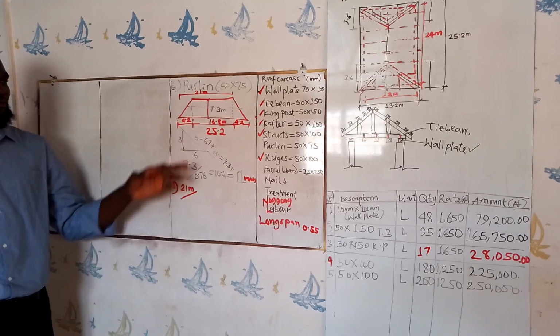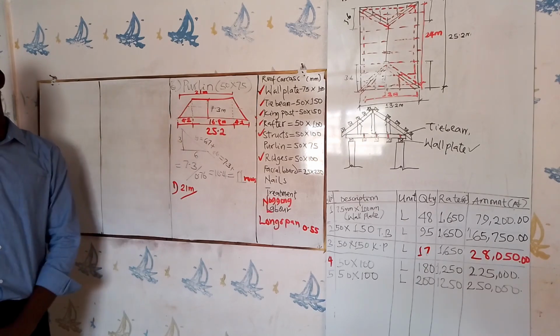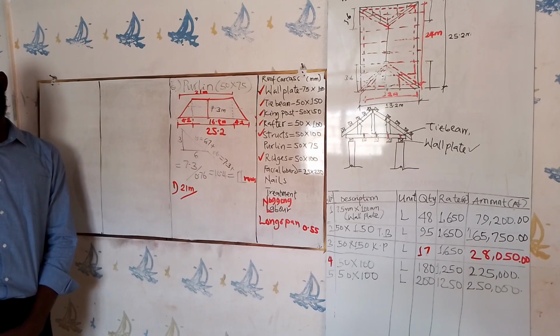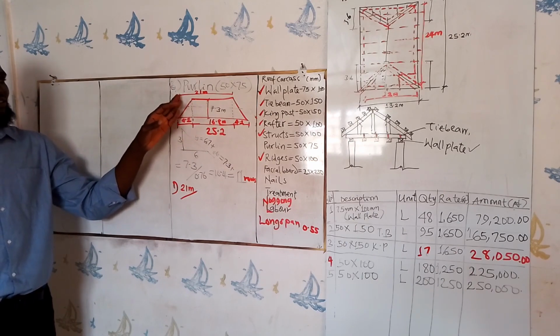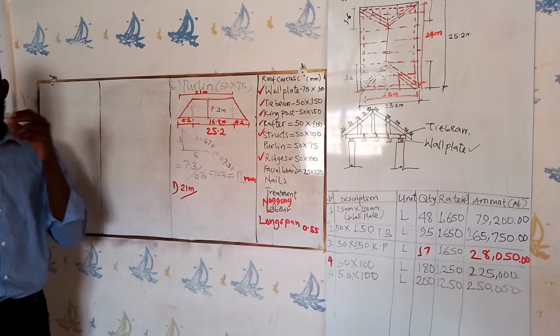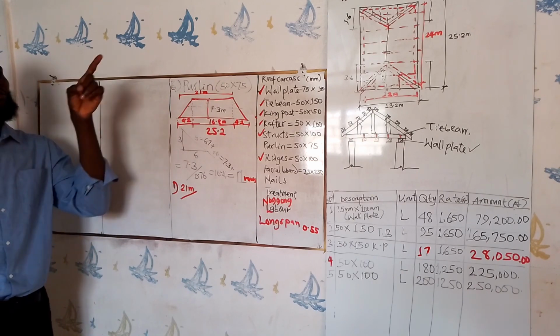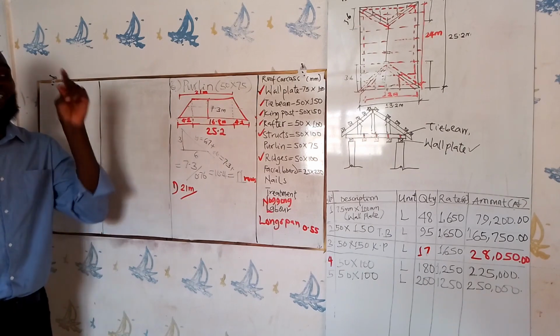So what should we do now? Let's consider 1 meter spacing. No, we are not talking of the space. The purlin that is going to stay where it meets on rafter, you cannot go back to the rafter.